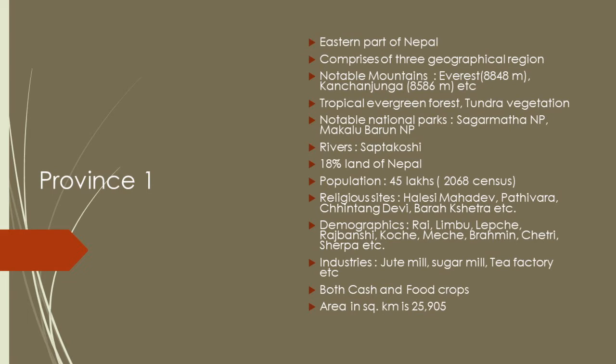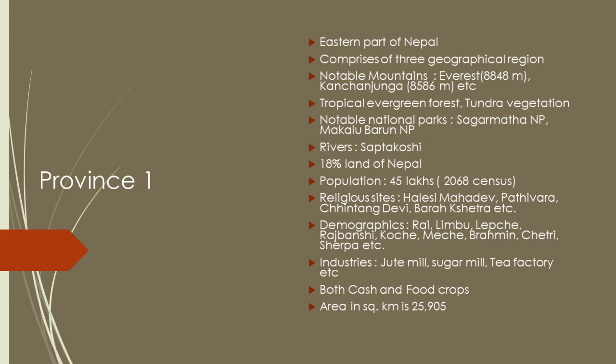Another thing is we are going to study some major national parks and rivers, land, population, important religious places, and the demographic situation, understood. And we are going to study some of the important industries and crops. Okay, let's start now.